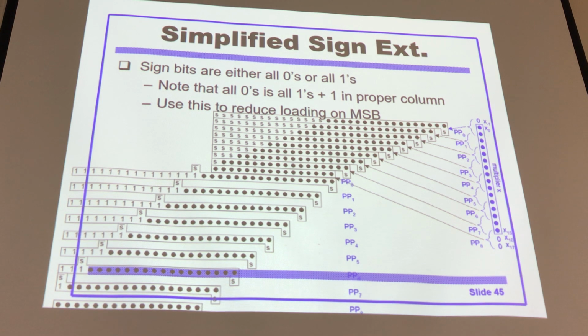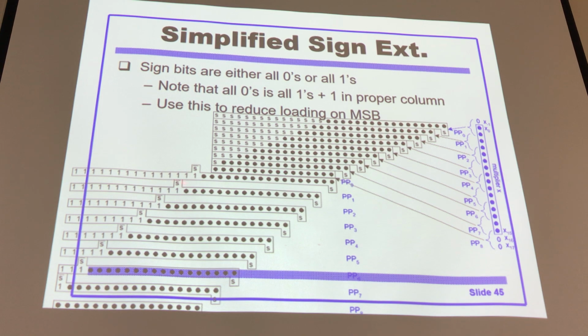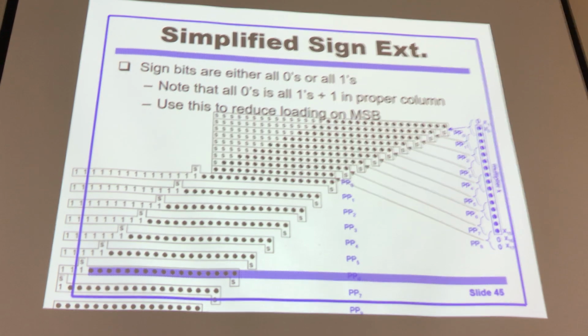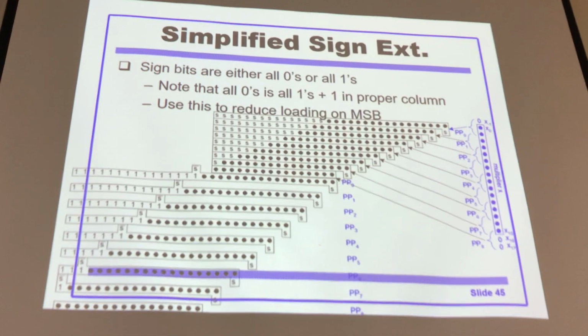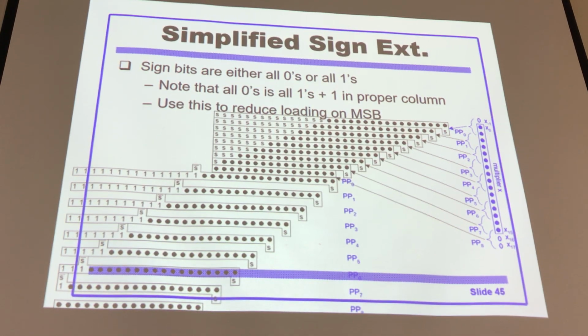Okay, I'll give you 1 minute. Look at this. Why? The sign bit on the screen is still the same, so don't worry about that. Just look at this part. Why are they the same? The sign bit has only two possible values, 0 or 1, right?